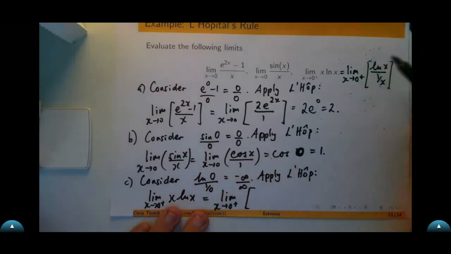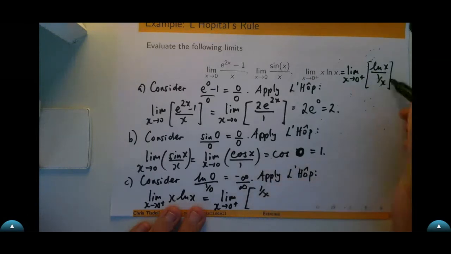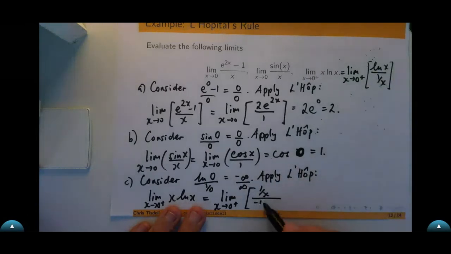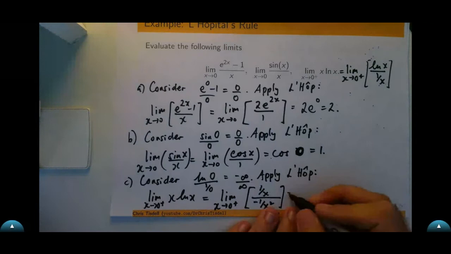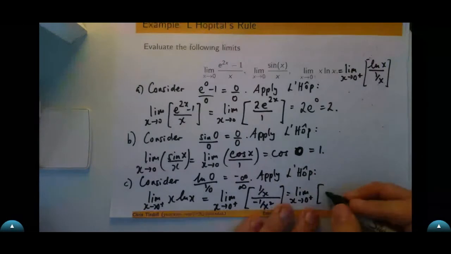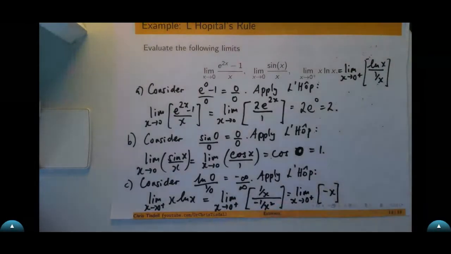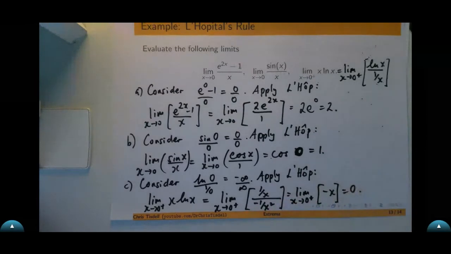If I differentiate natural log of x, I get 1 on x. If I differentiate 1 on x, I get negative 1 on x squared. So now it's just a matter of cleaning this up. So we can cancel off some of the x's, and you end up with this. So what's the value of the limit? 0.